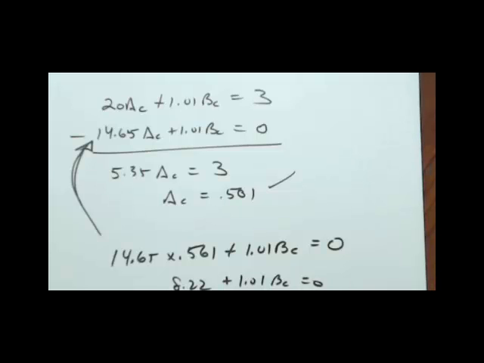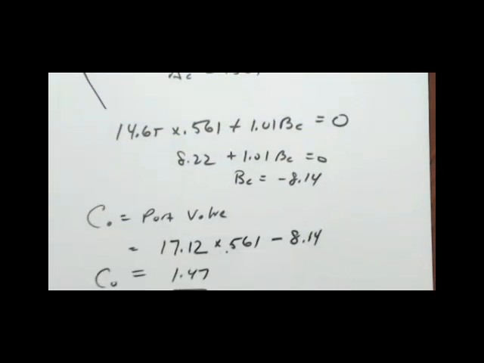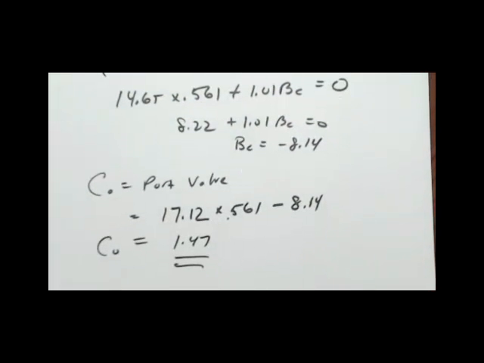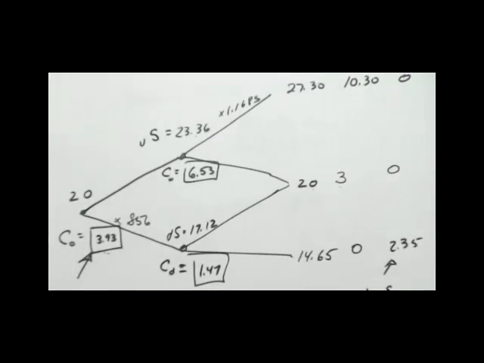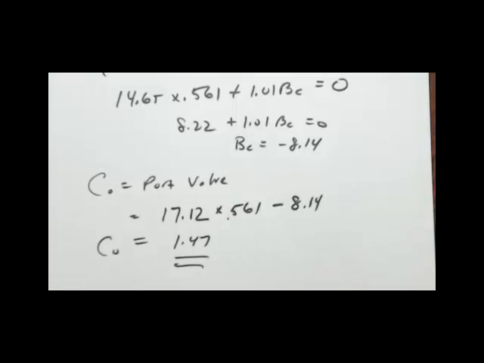And that means the call equals $1.47, exactly like what we saw a few minutes ago. Now, use the same method to come back, see if you can do it on your own. I guess I'm giving you the answer right now. Use the same method, see if you can come up with the 393 using the replication method for valuation. Okay.